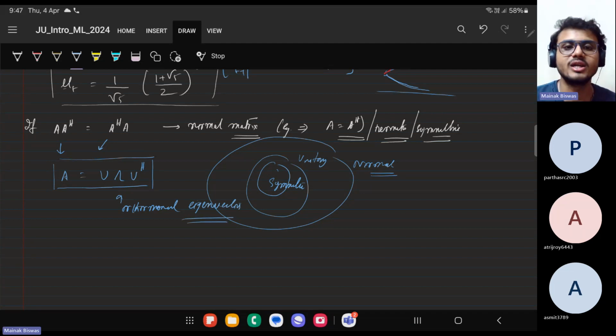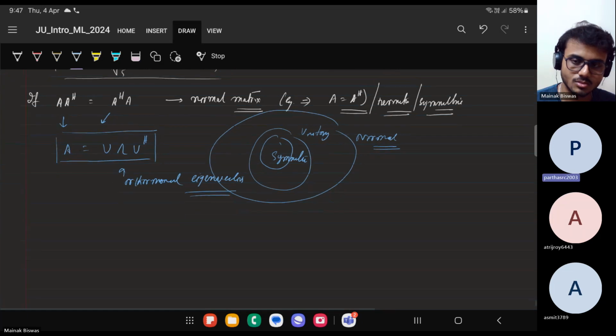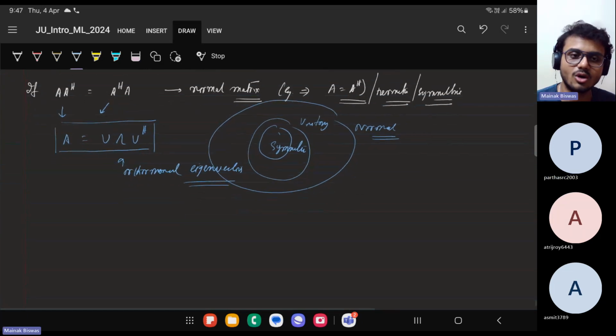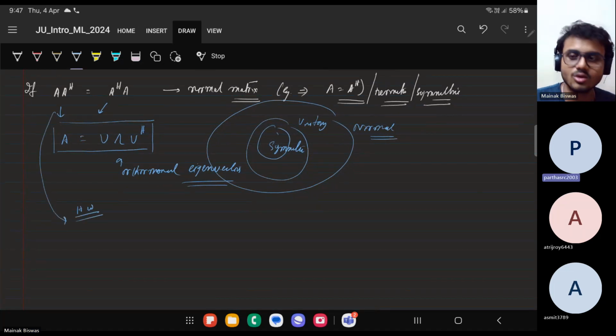If this is true, there exist orthonormal eigenvectors. Now tell. Oh, so symmetric matrices aren't the only ones to have orthonormal eigenvectors. No, all normal matrices have orthonormal eigenvectors. Why? We can just easily see that. This is your homework. Just prove this.